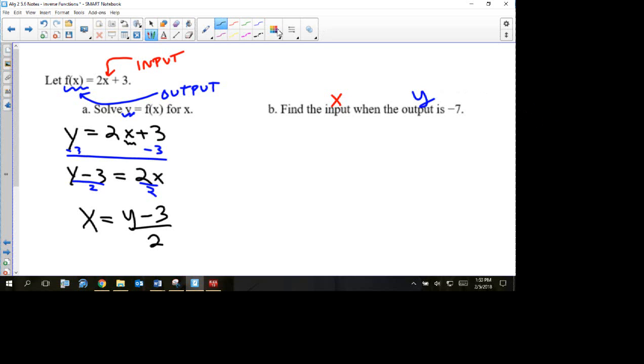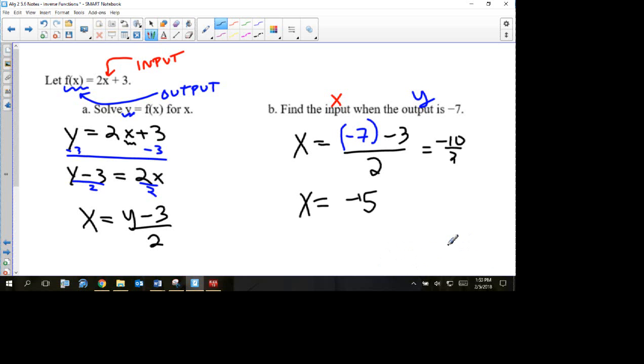So we're going to take that equation and make y -7 and find out what x is. Putting in -7 for y, we solve and get 10 over 2, so x is what? -5.